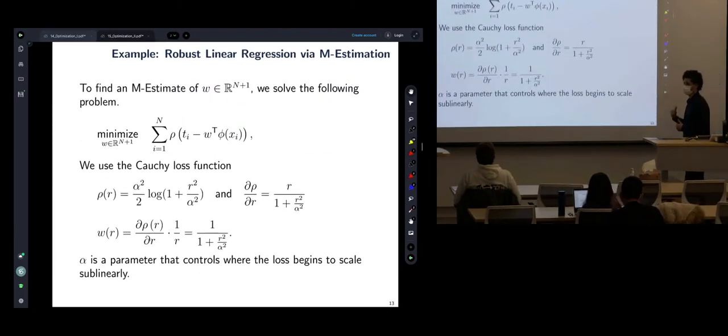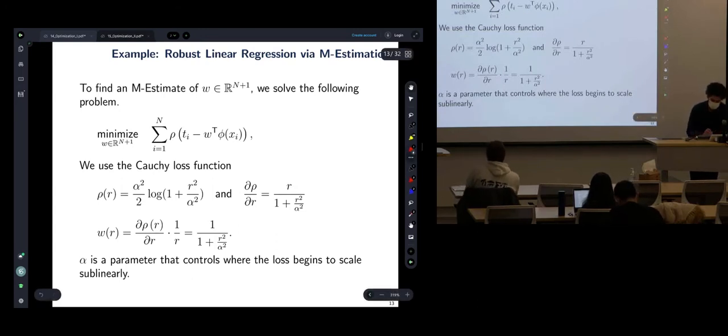Let's revisit the L1 norm example. This is another way to formulate it. In this case, instead of L1 minimization, I wrap it around a loss function or robust kernel. You have several choices in libraries and literature. One very popular and common one is called the Cauchy loss function. The Cauchy loss function has this form.